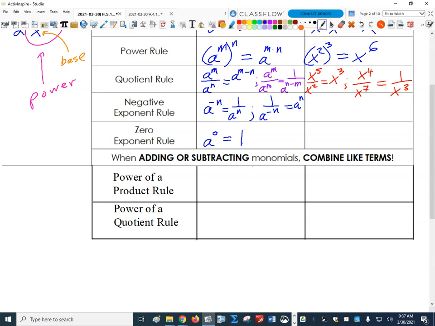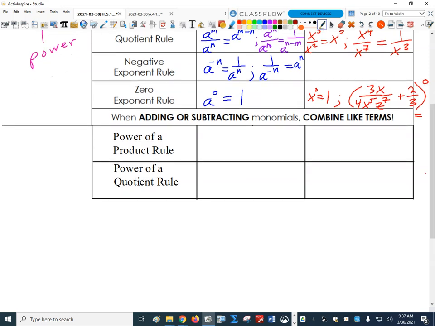So, a couple of examples. If I had something like x to the 0, it's equal to 1. But more interestingly, I could have something like 3x over 4x to the 5th z to the 7th plus 2/3, all to the 0, doesn't matter.